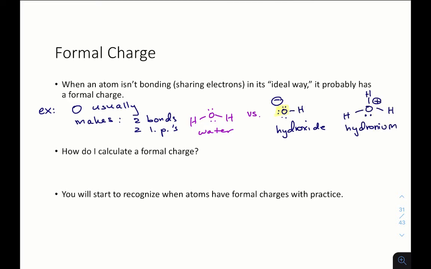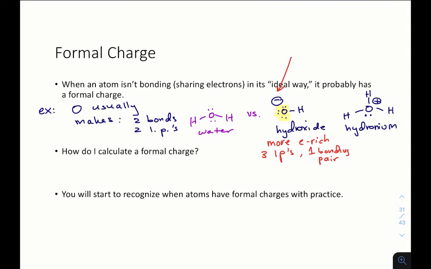For the oxygen in hydroxide, we can see that it is more electron rich than is usual, or than is lowest energy for oxygen. And what I mean by that is that there are 3 lone pairs and 1 bonding pair of electrons. And typically oxygen shares more, but not in hydroxide. In hydroxide, instead of sharing this lone pair, it's localized on oxygen. So oxygen has more electrons than usual, and so it has a negative formal charge.